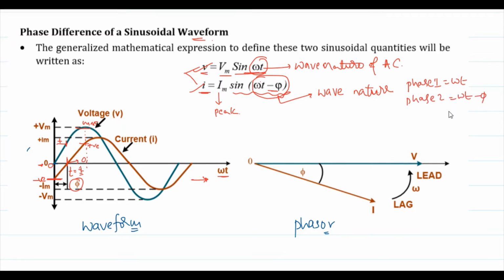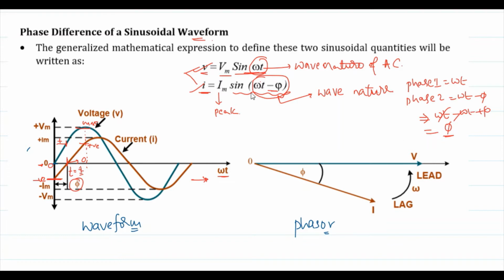The difference between them is omega t minus omega t plus phi; omega t cancels, so the phase difference is phi, where the current lags behind the voltage by phi.